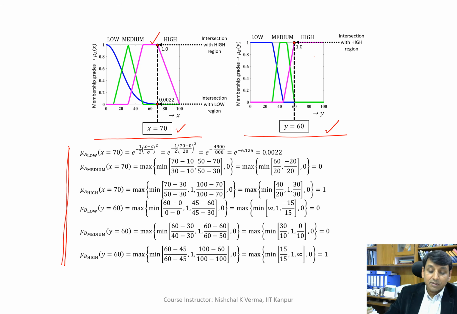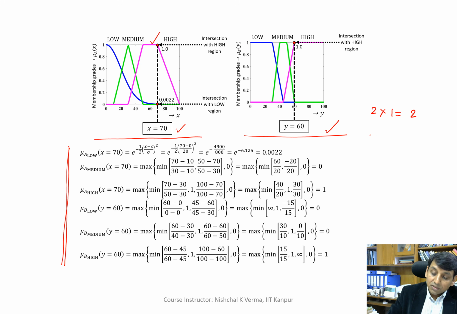So 2 into 1 gives us two combinations. What are those two combinations? First is high, high, for both the inputs.